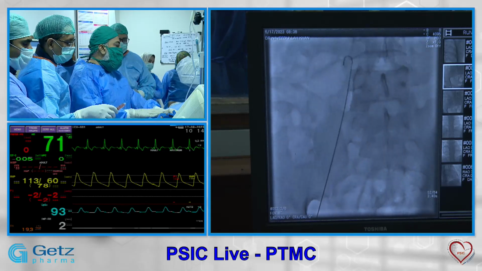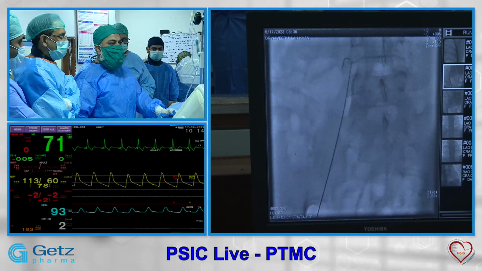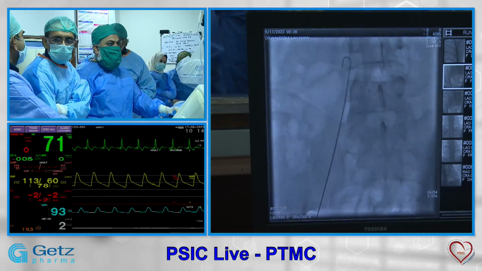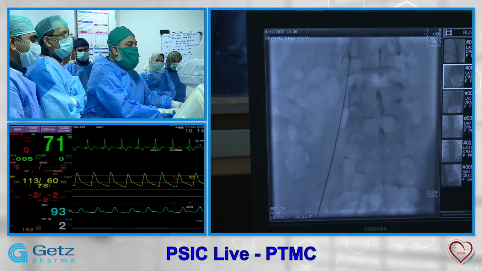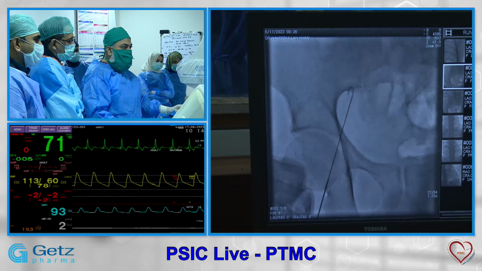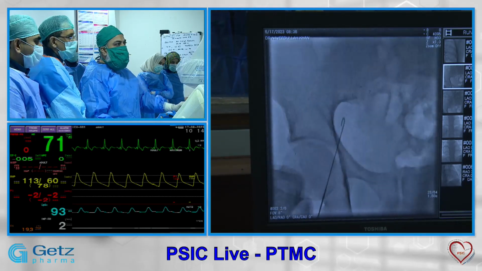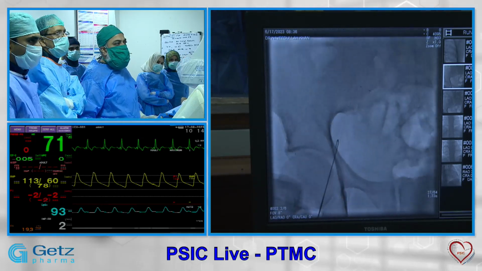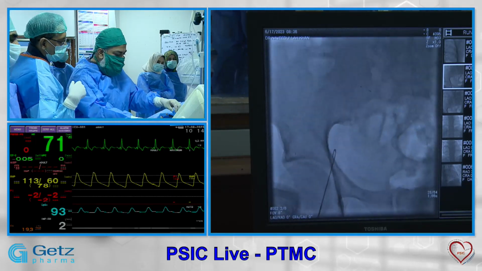Conventionally, especially if your senior is standing on your right side, you should do everything on fluoroscopy. Show below please. What we have done already is introduce a pigtail, and this pigtail is resting in the aorta, on the non-coronary cusp.